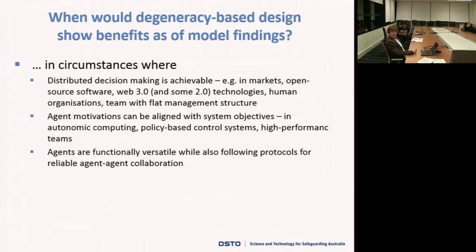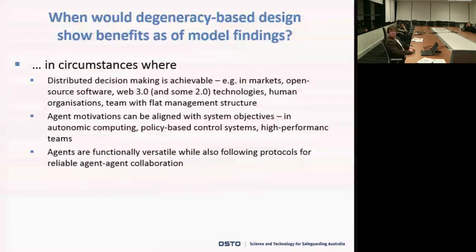You find that in markets, open source software, human organizations, teams with flat management structures, and so on. If you think about functionally plastic agents, you get systems where, if you implement degeneracy-based design, you should get a benefit with respect to adaptability and also this kind of robustness to unforeseen change.